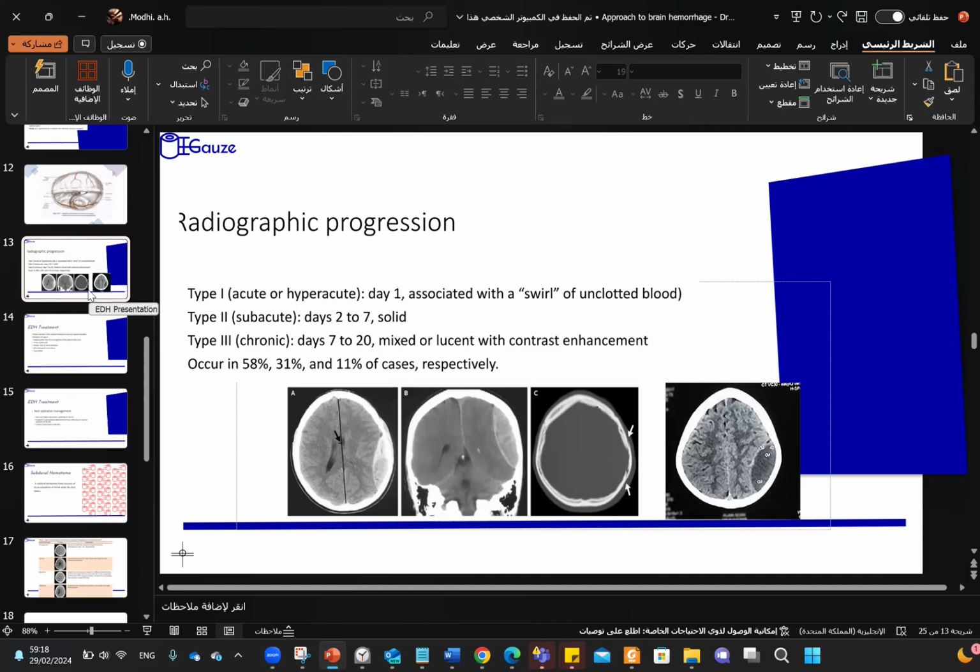If you are on call and you receive a call, you have to understand the vitals of the patient, always go ABC, and the scenario and the medical background.